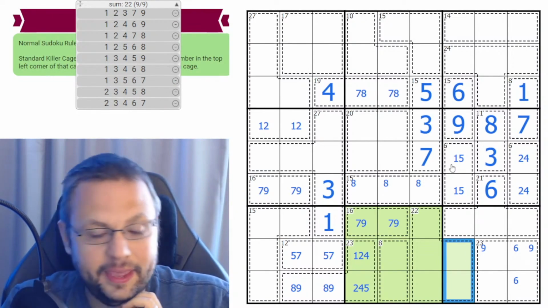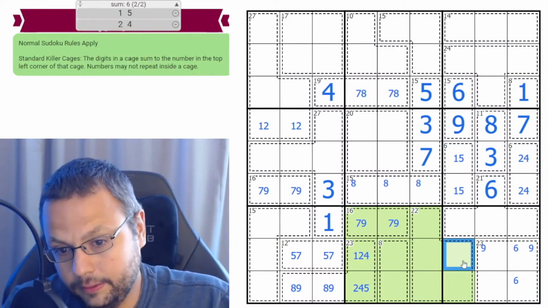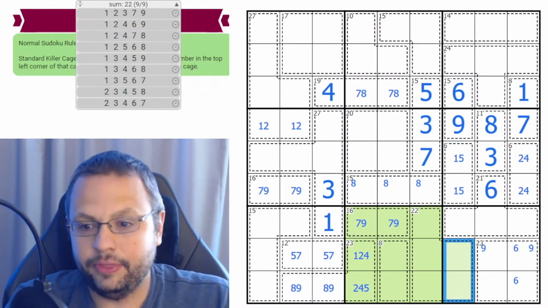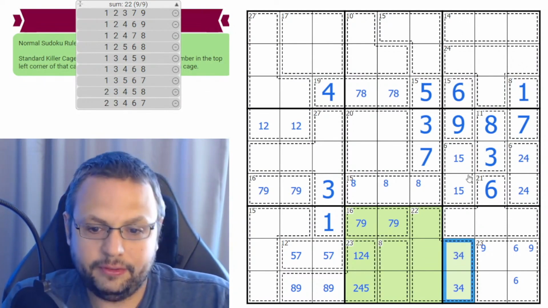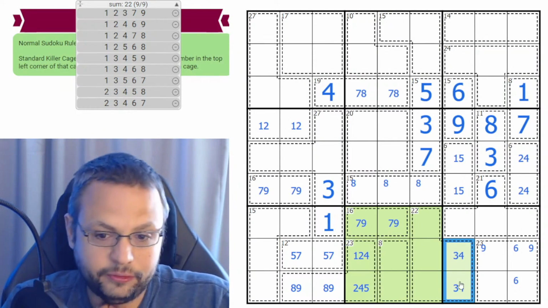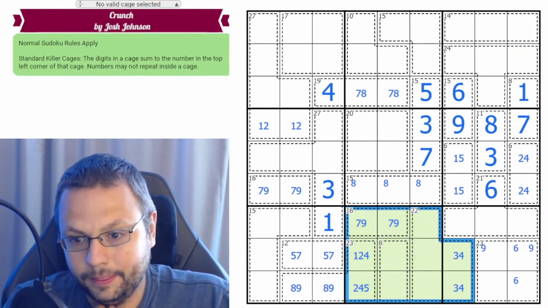But if I think about 7, again, what's the low digit in my 7? Well, it's not a 1. And it's not a 2 either, because that would require a 5. So this is always a 3, 4. That is the only way that this works. So this we actually can math our way into figuring out it's 3, 4.